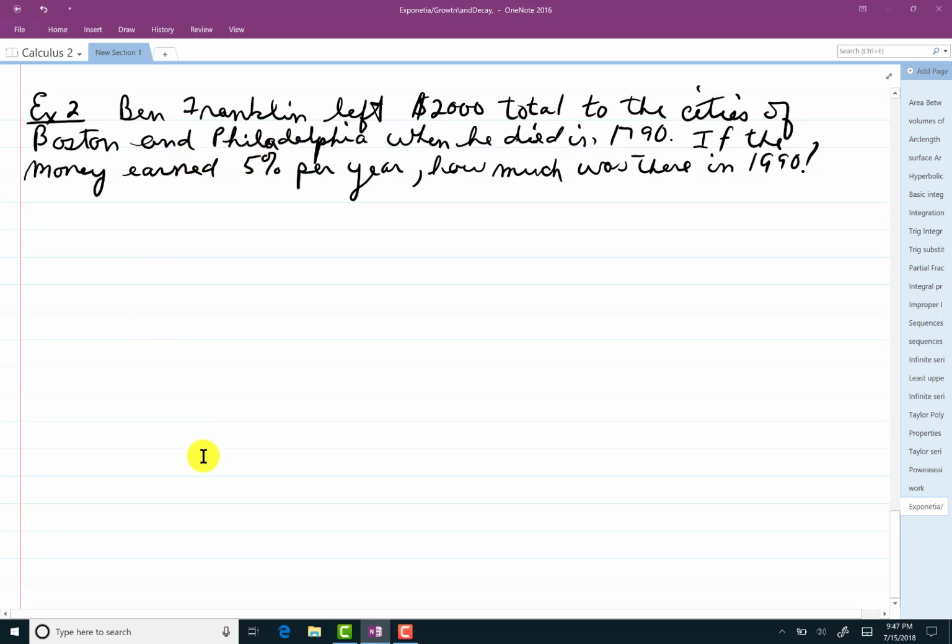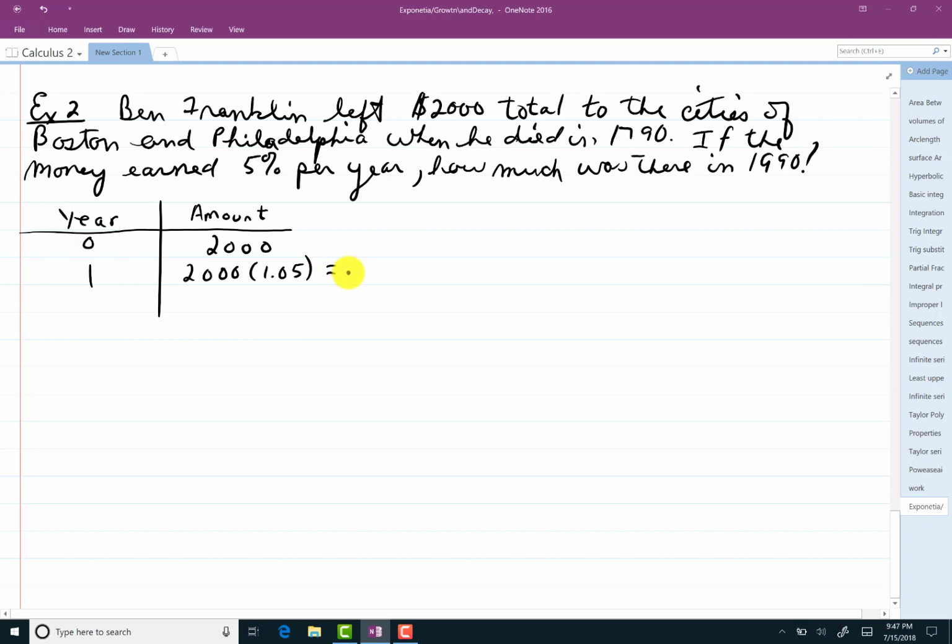It means we start with $2,000 as our starting value. So let's say year 0 and amount. Well, after 1 year, this will now be worth 2,000 times 1.05. That's how you accrue 5% interest plus the original amount each year.